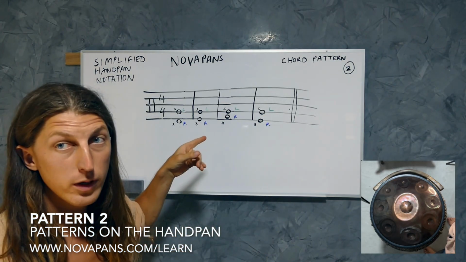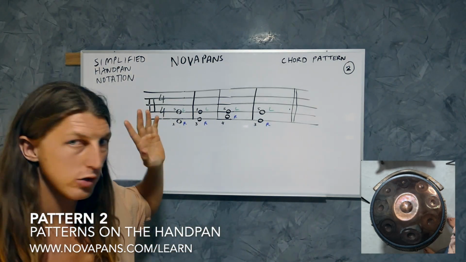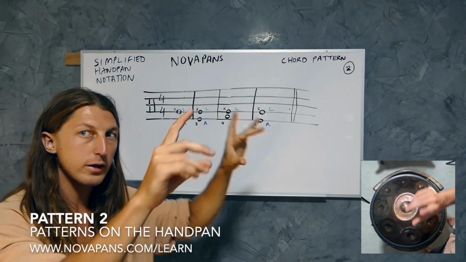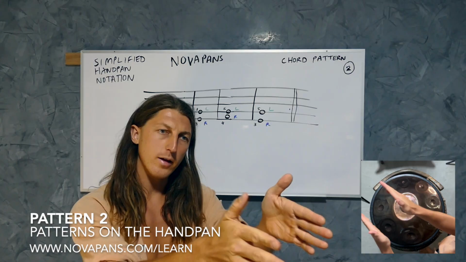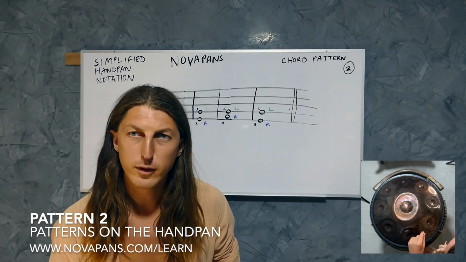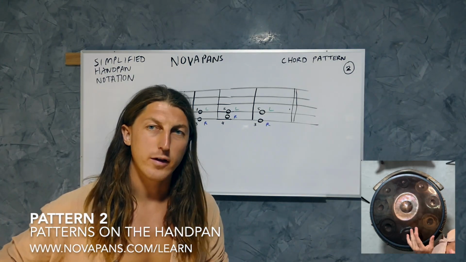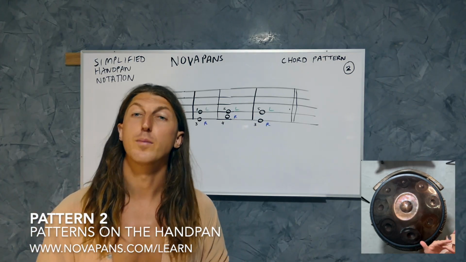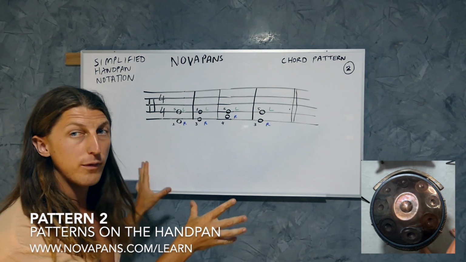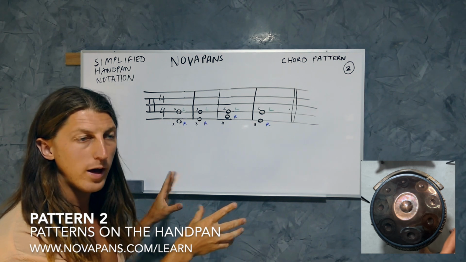Don't be too locked into having to see the notation and therefore play it, because that in a way will take you down a route of academia, which is interesting, but if you want to be able to play and feel it, remember you have to be able to play and feel it. So use this as a reference, okay?